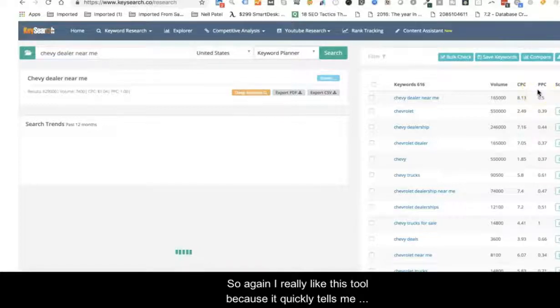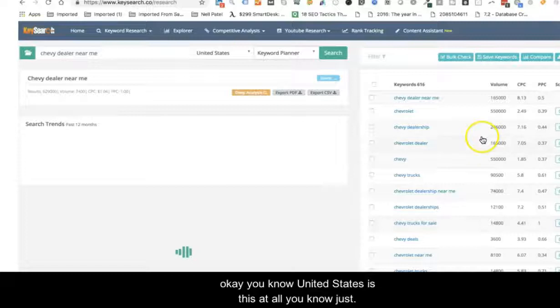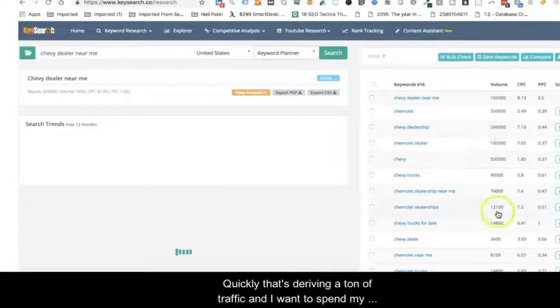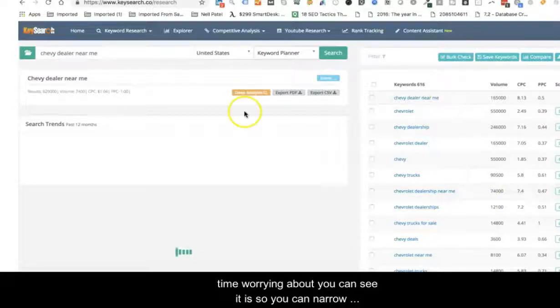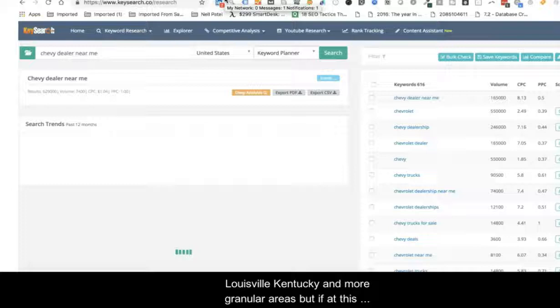So again, I really like this tool because it quickly tells me, okay, United States, is this a term that's deriving a ton of traffic that I want to spend my time worrying about? You can see it is. So you can narrow this down in SEMrush and some paid tools into Louisville, Kentucky, and more granular areas.